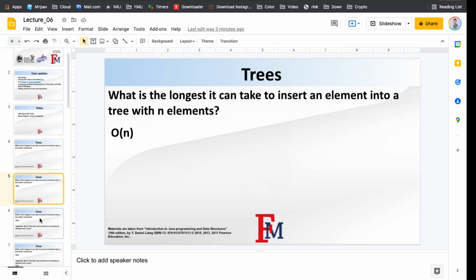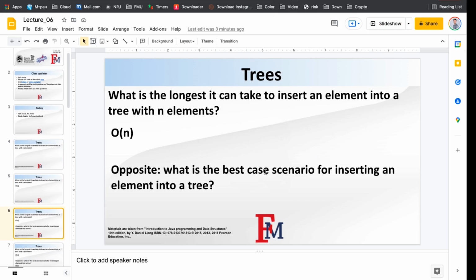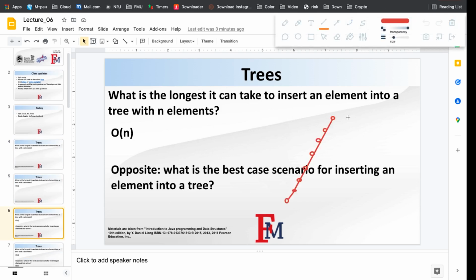Now the opposite question: what is the best case scenario for inserting an element into a tree? Imagine something similar, with -1 and 6. What if I'm trying to insert 7? This new node immediately becomes the right child of the root, so you spend just $1.